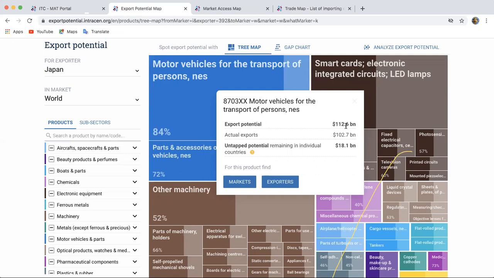So we see that there is an overall export potential of $112.6 billion, but the actual exports at this point was $102.7 billion. And that leaves a remaining untapped potential of $18.1 billion.